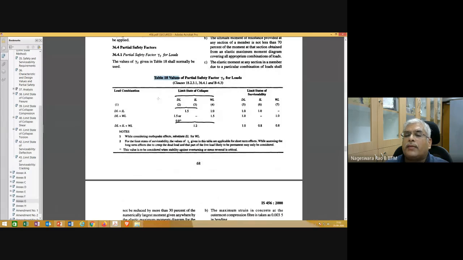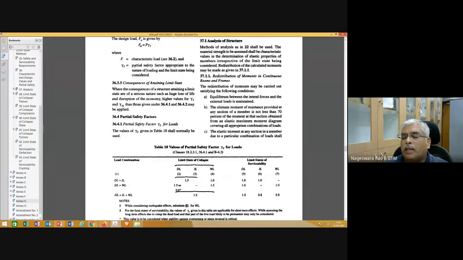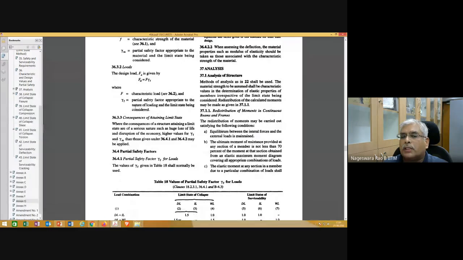What is the partial safety factor for dead load? DL is dead load, IL is imposed load, WL is wind load, and EL is earthquake load. For different types of loads, you need to multiply with the corresponding partial safety factors to get the design loads.